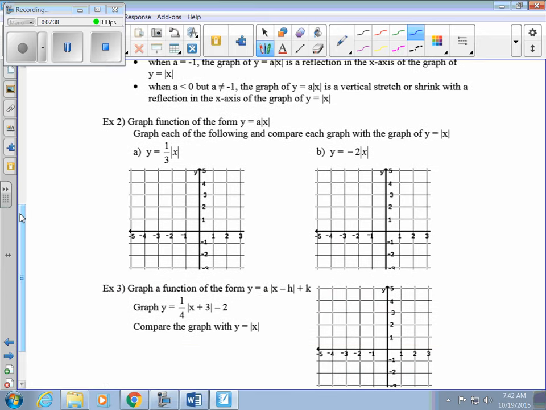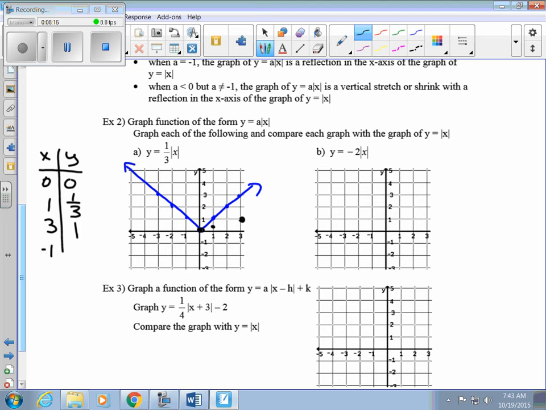So in this case, again, I'm just going to throw the parent function up here quick so we can see how they compare. So if I make a table of values, I put in 0, I get 0. So same. If I put in 1, I'm going to get 1/3. Okay, if I put in 3, I'm going to get 1. If I put in -1, I get 1/3.